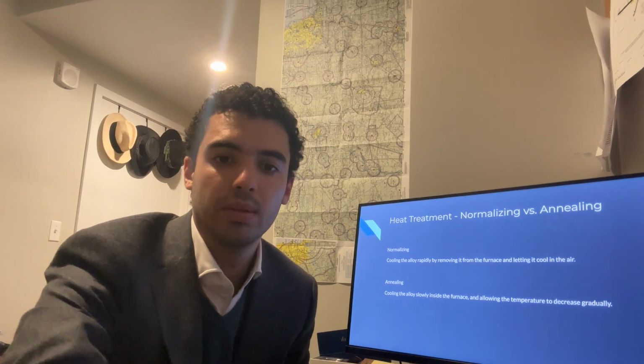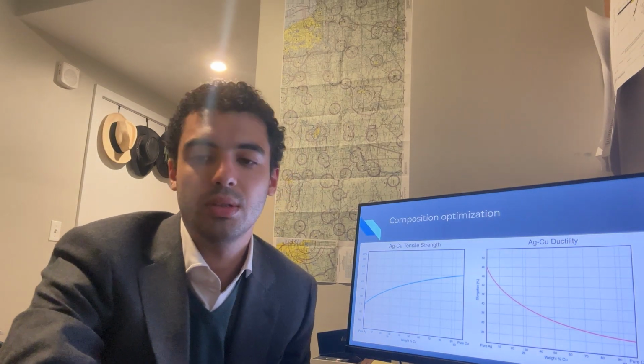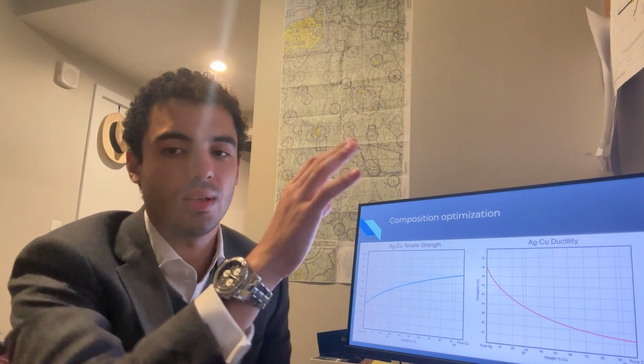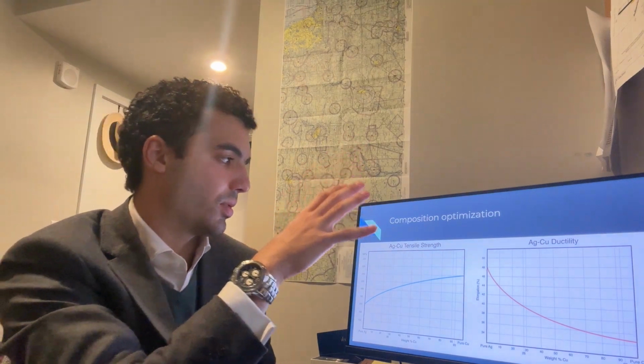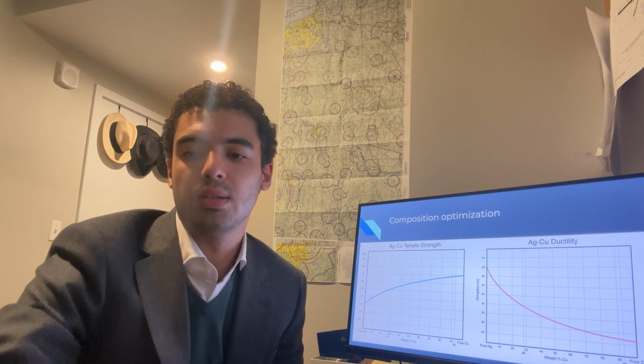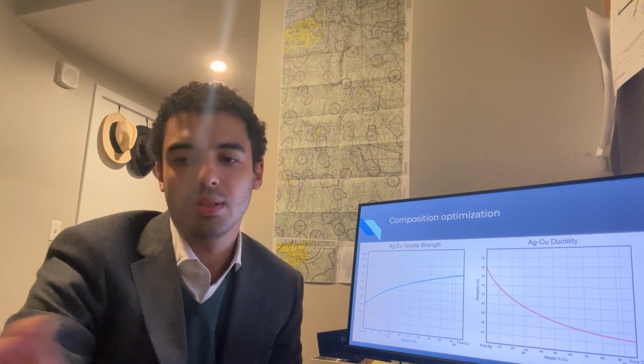Then you have the composition optimization, which is basically strength versus concentration in the left chart, and ductility versus concentration in the right chart.